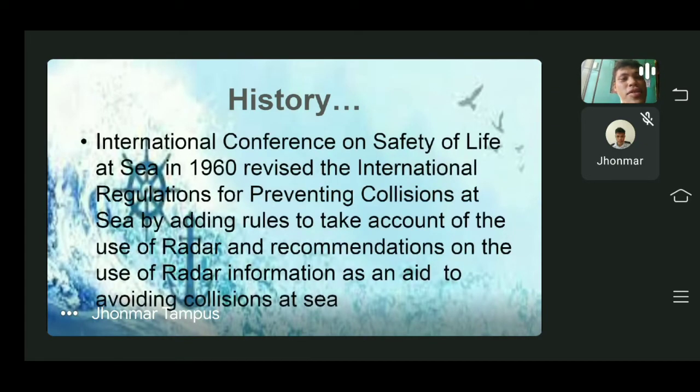The International Conference on Safety of Life at Sea in 1960 revised the international regulations for preventing collisions at sea by adding rules to take account of the use of radar and recommendations on the use of radar information as an aid to avoiding collisions at sea.